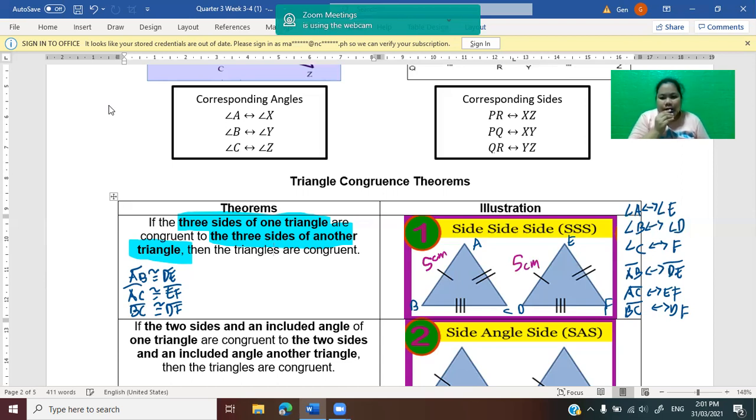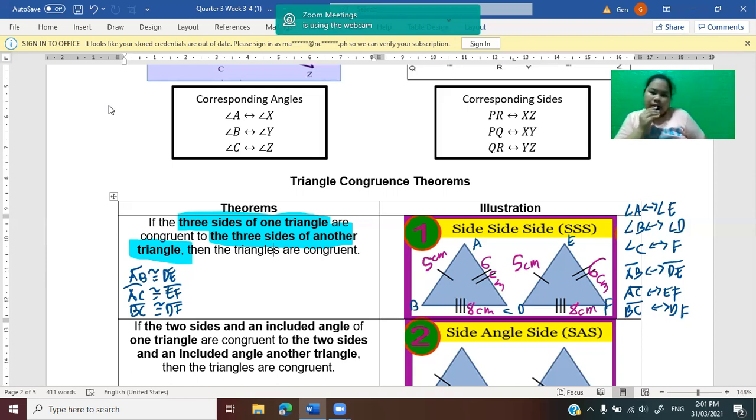If this is 6 cm, this one is also 6 cm. If this is 8 cm, this is also 8 cm. Why is that so? Kasi yung number of ticks nila, di ba? Ito, isa-isa. So ibig sabihin, sila po yung pantay.